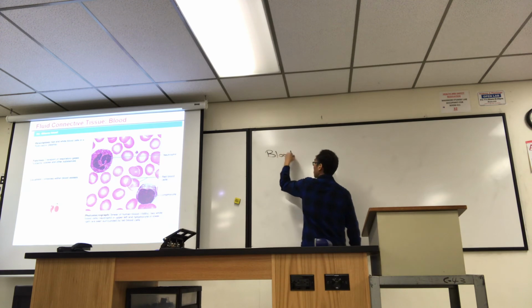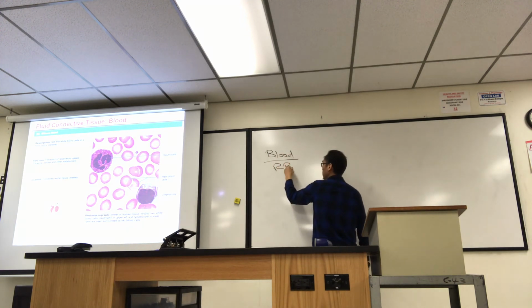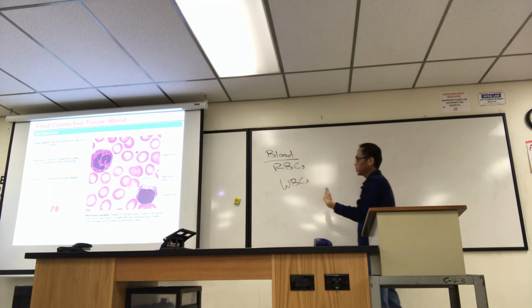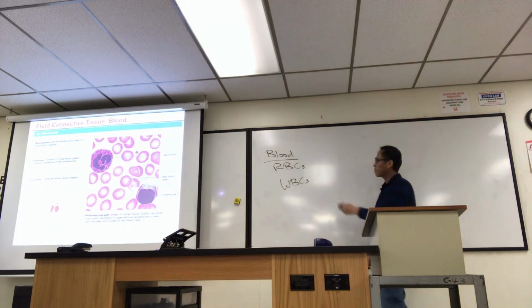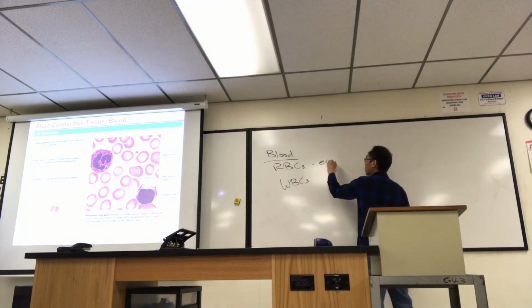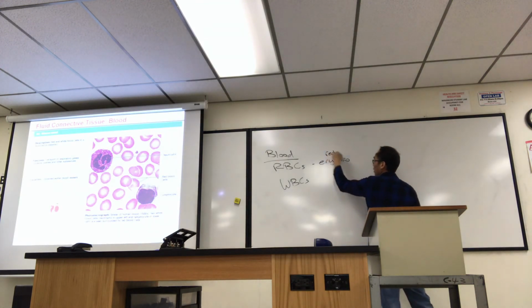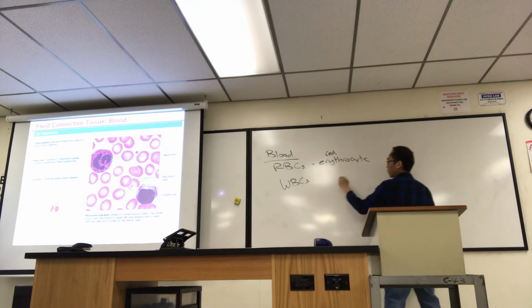For our blood slide, just be able to tell the RBCs, the red blood cells, from the white blood cells, WBCs. The fancy word is erythrocyte and leukocyte. Erythro means red. Cyte means cell, versus leukocyte.